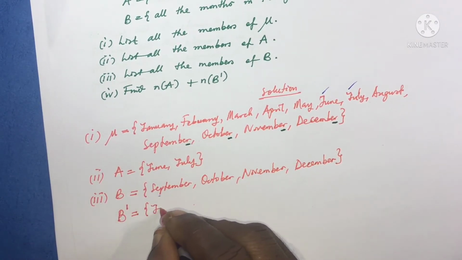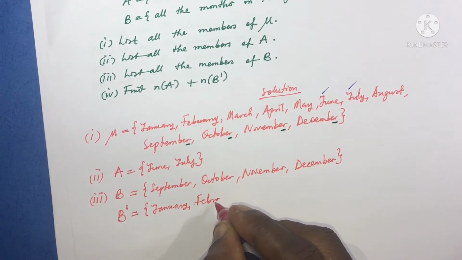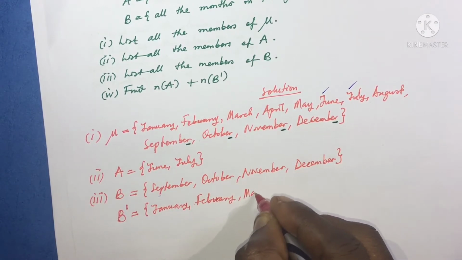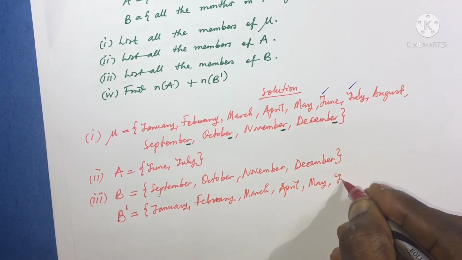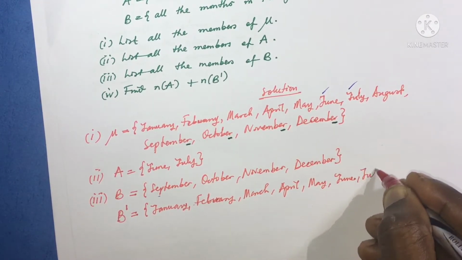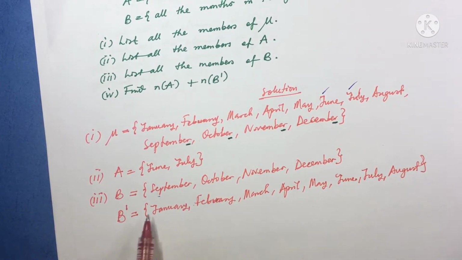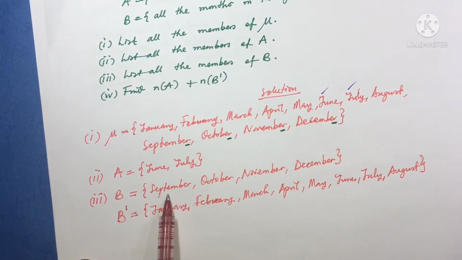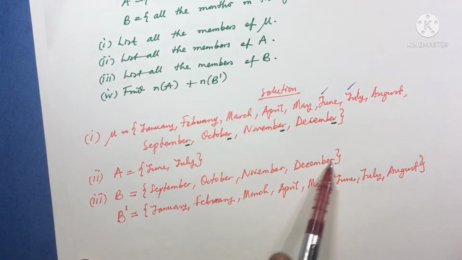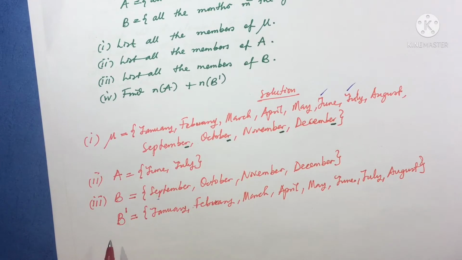You will notice the elements are January, February, March, April, May, June, July, August. So together they make all the months in the universal set that are not found in B. Remember, in B we find September, October, November, and December. But the elements January, February, March, April, May, June, July, August are not found in B. So they make the set B complement.